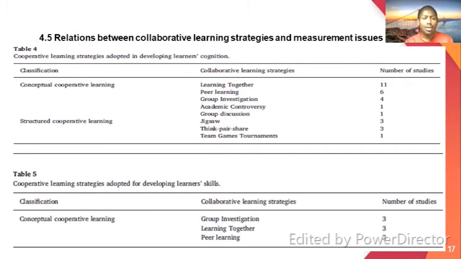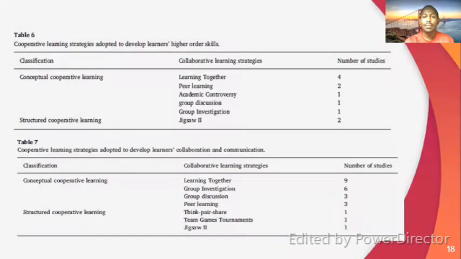Table 5, cooperative learning strategy adopted for developing learners' skill. So conceptual cooperative learning is also used to develop learners' skill, especially group investigation, learning together, and peer learning are the most frequently used cooperative learning strategies to develop learners' skill.